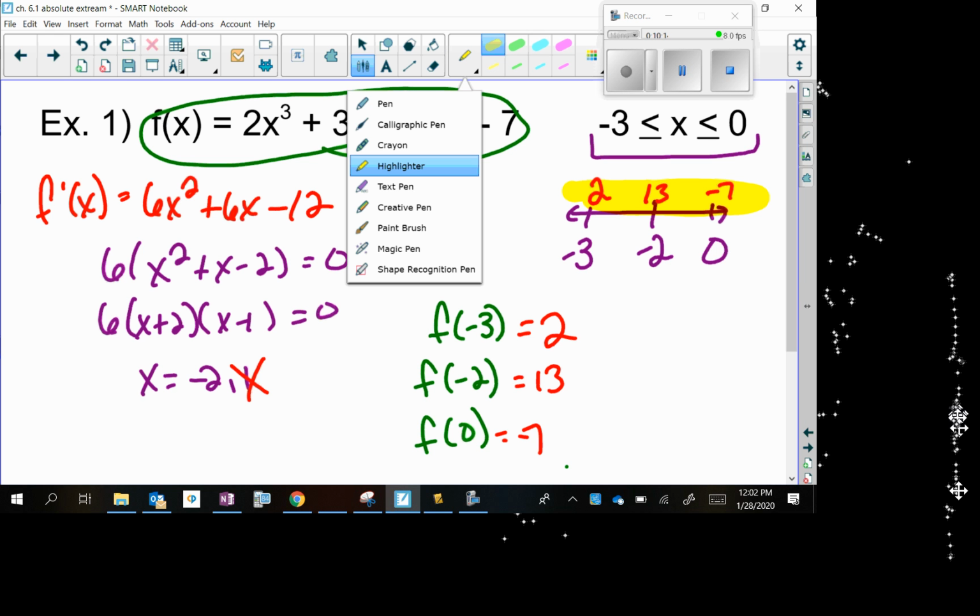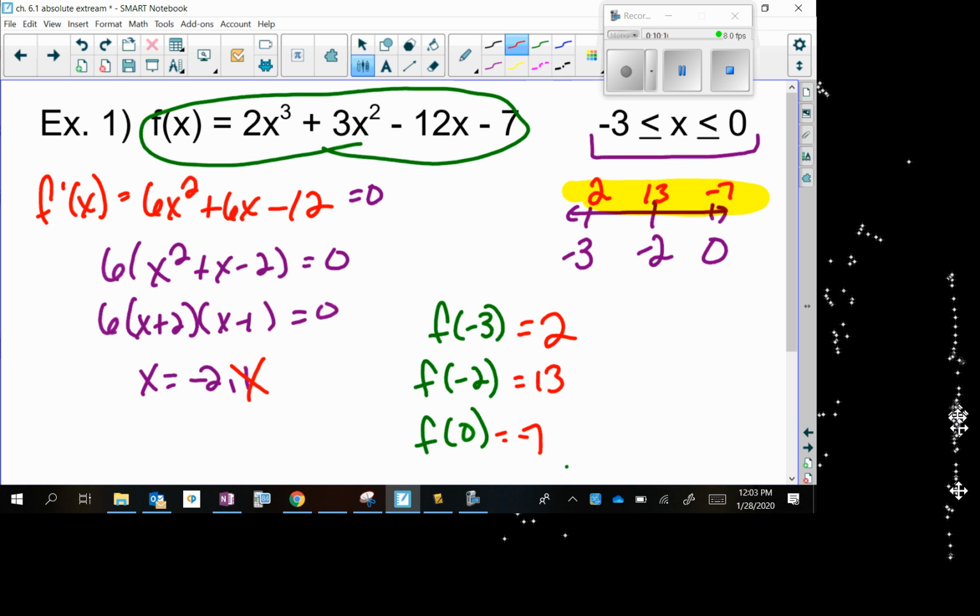So we have an absolute max, the highest this function gets, at -2 of 13. And what's the lowest? -7, right? So we have a min at 0 of -7.